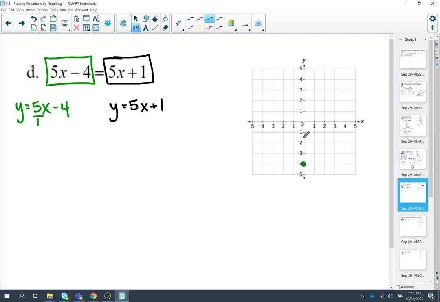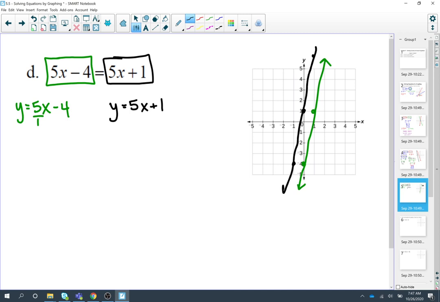So rise 5, run 1, and I go off the page, so we'll just call that good. And then the other one, y-intercept is 1, and slope is 5. So 5 over 1, and I ran off the page, so we can actually go down 5 over 1.